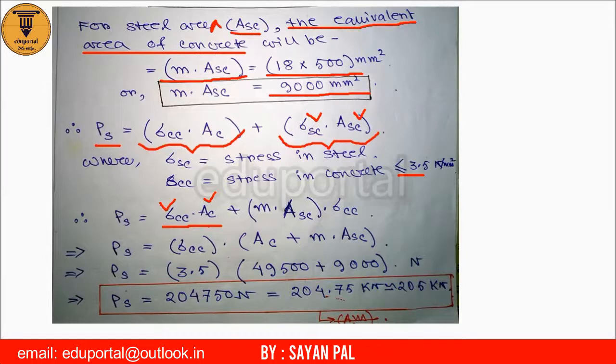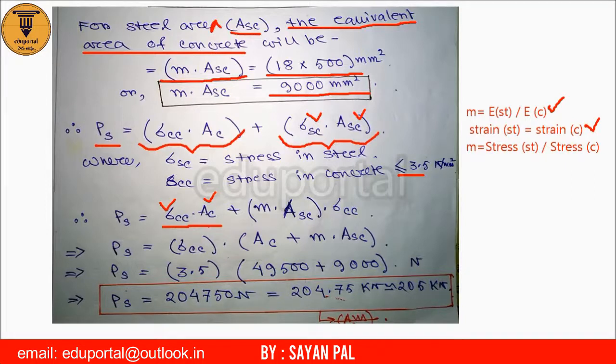Here M is the modular ratio, the ratio of Young modulus of the steel to the Young modulus of the concrete. But at the same level, strain in steel and strain in concrete are equal.